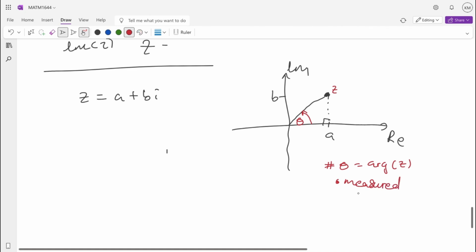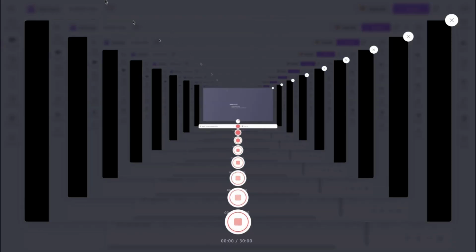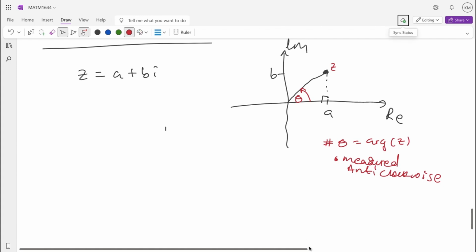It's measured anti-clockwise. Then say this hypotenuse, we label it r. Then let's see what we can do with this right angle triangle that is formed right there.